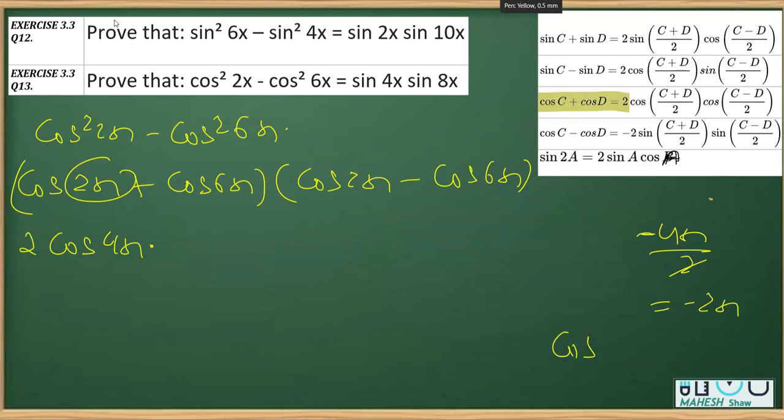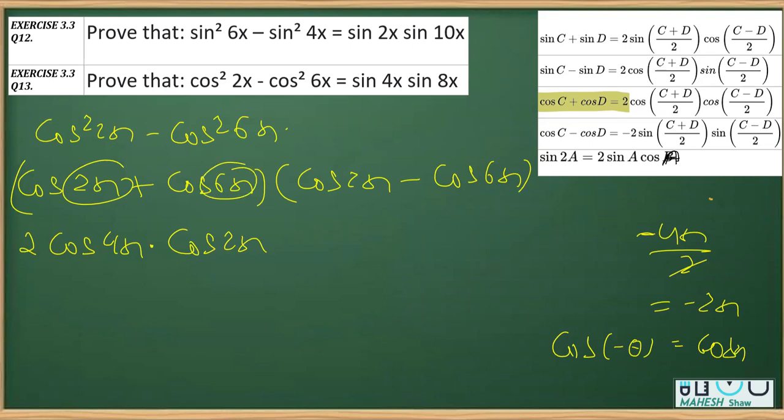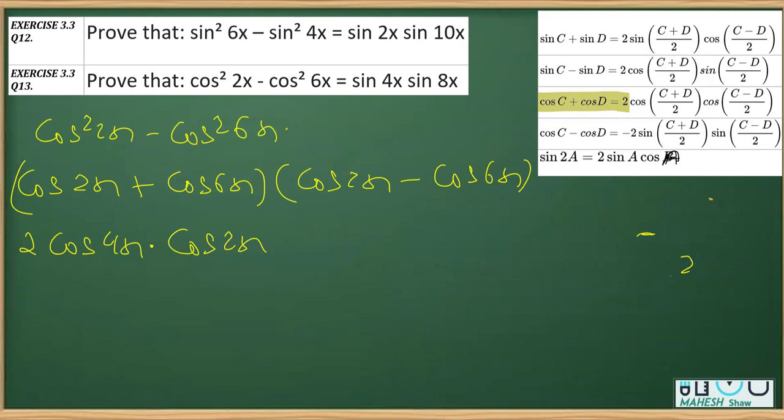But you have to remember that cos minus theta is cos theta. That's why instead of writing cos minus 2x, we'll be writing cos 2x.